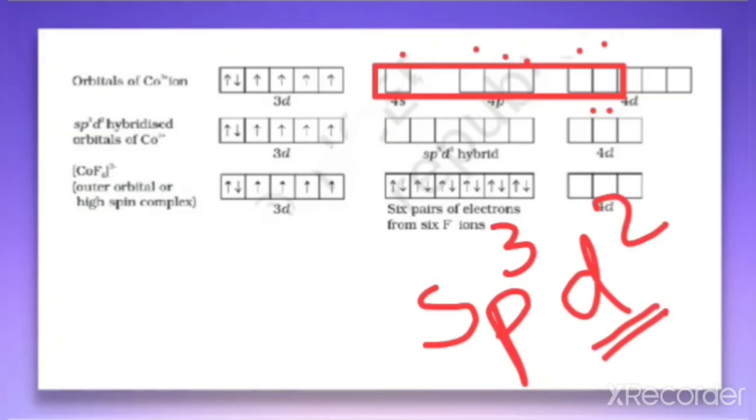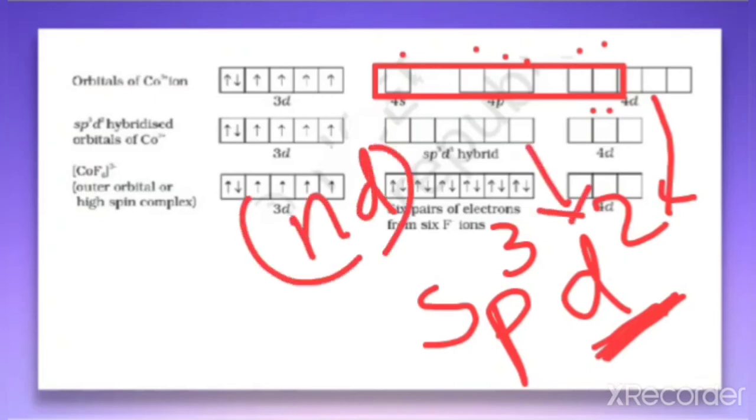In the previous example, the inner d orbitals, that is (n-1)d orbitals, were involved in the hybridization, therefore we used d2sp3. Here the outer d is involved, therefore it is sp3d2. That is, d2 is written after sp3, which shows that this d is an nd orbital.